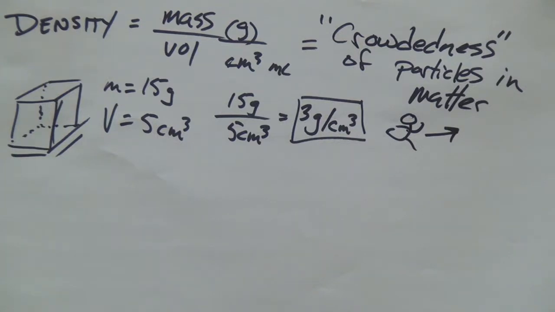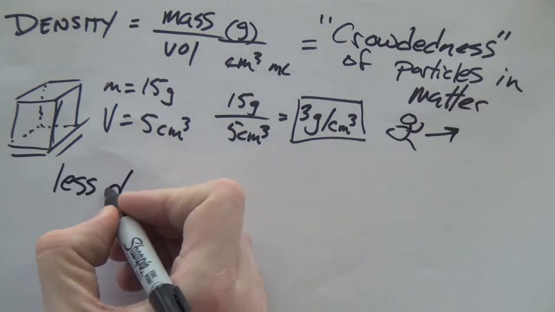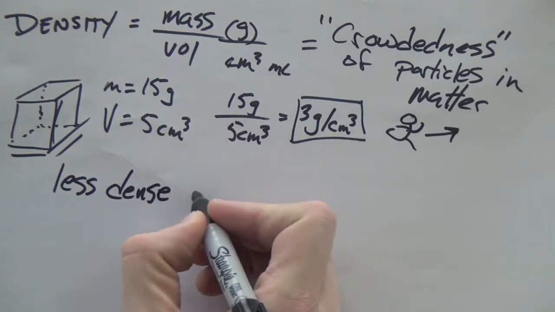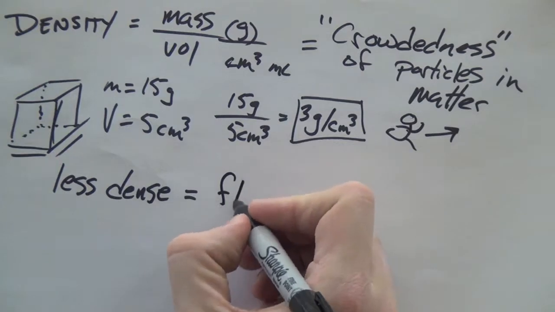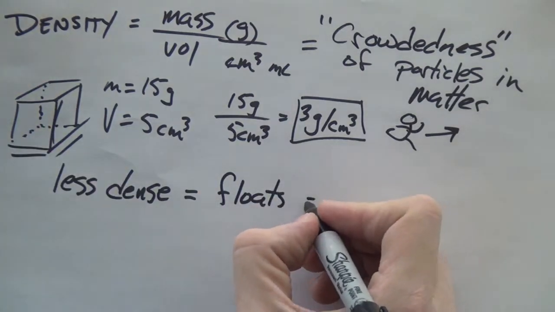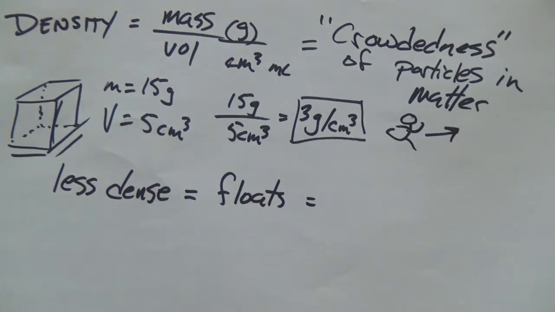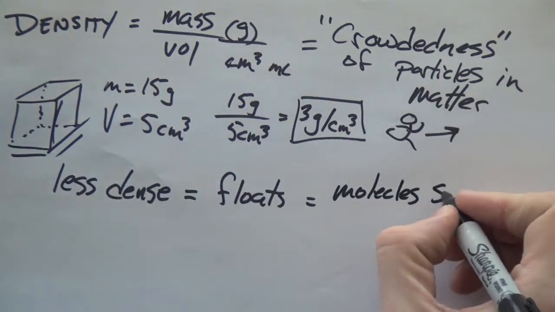And so this is the wording that I like to give out to my students. If something is less dense, that's the same thing as saying that it floats. And that's the same thing as saying that the molecules are spread out.